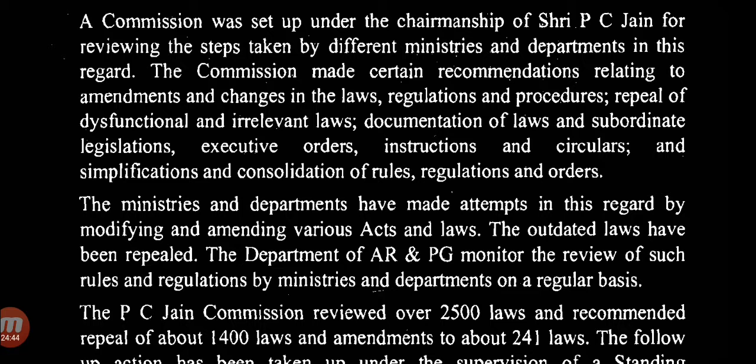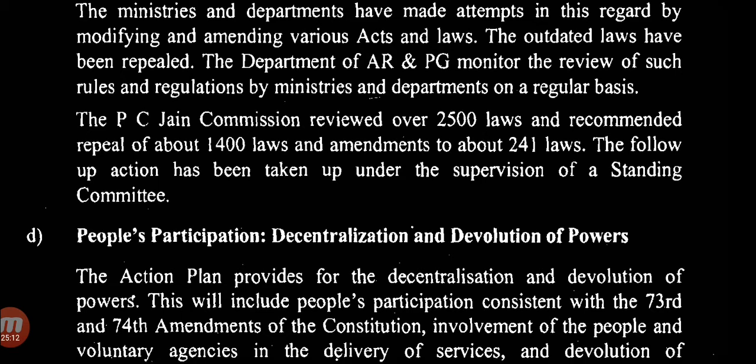The Commission made certain recommendations relating to amendments and changes in laws, regulations, and procedures, repeal of dysfunctional and irrelevant laws, documentation of laws and subordinate legislations, executive orders, instructions, and circulars, and simplification and consolidation of rules, regulations, and orders. The ministries and departments have made attempts in this regard by modifying and amending various acts and laws.